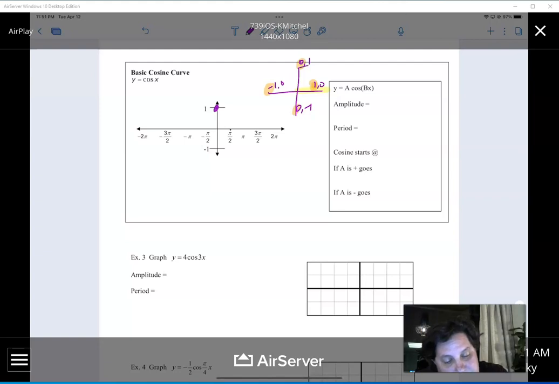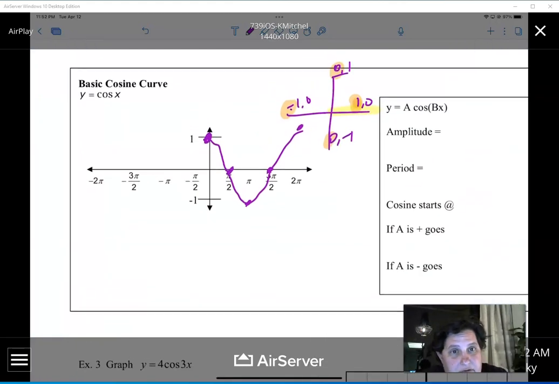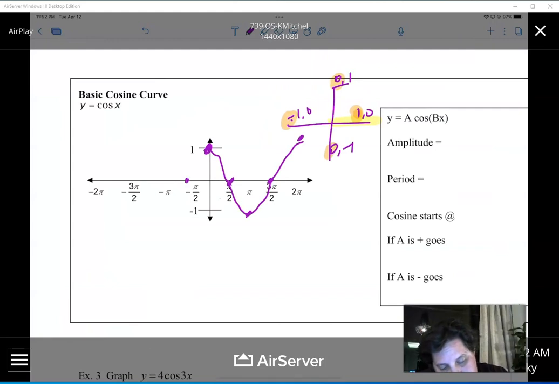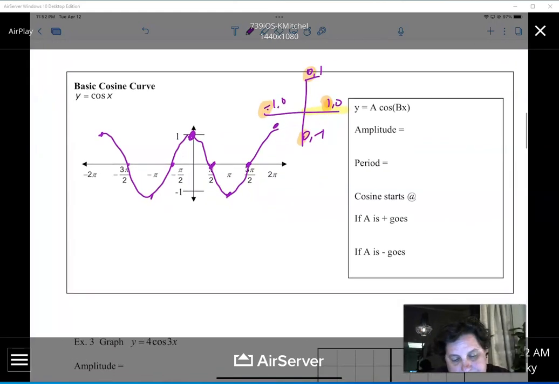At pi over 2, it's at 0. At pi, it's at -1. 3 pi over 2 is at 0, and 2 pi is at 1. All right, check that out. That is one cycle of the cosine curve. Now I come over here, and I just do another cycle, okay?